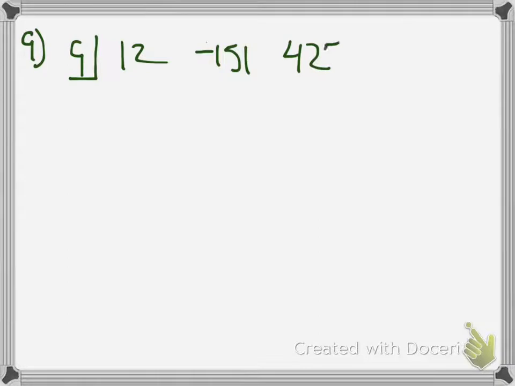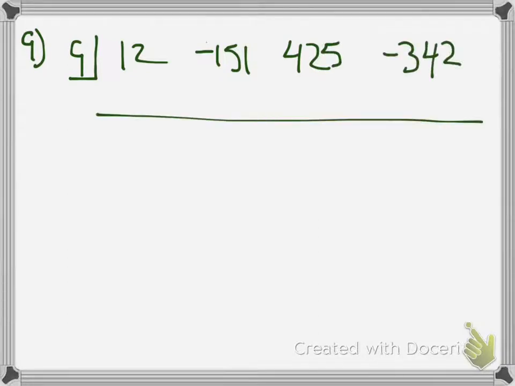Alright, so let's look at number 9. Same thing, same result. Change the minus 9 to a positive 9. You've got 12, negative 151, 425. What were they thinking? Anyways, alright, so bring down the 12. That's 108. Negative 151 plus 108 would be negative 43. And negative 43 times 9 would be negative 387.